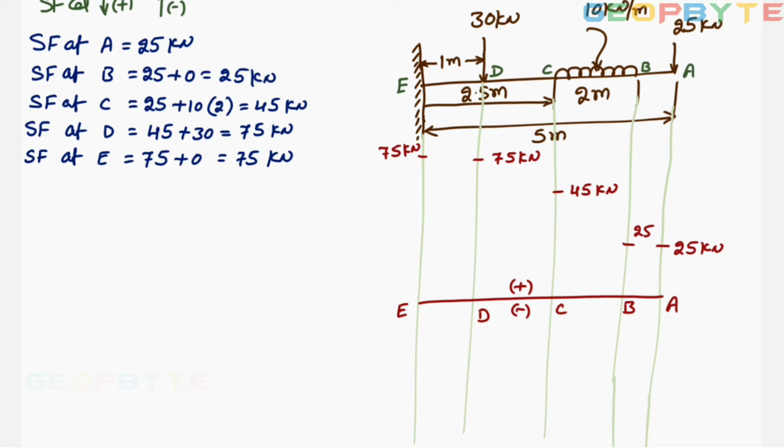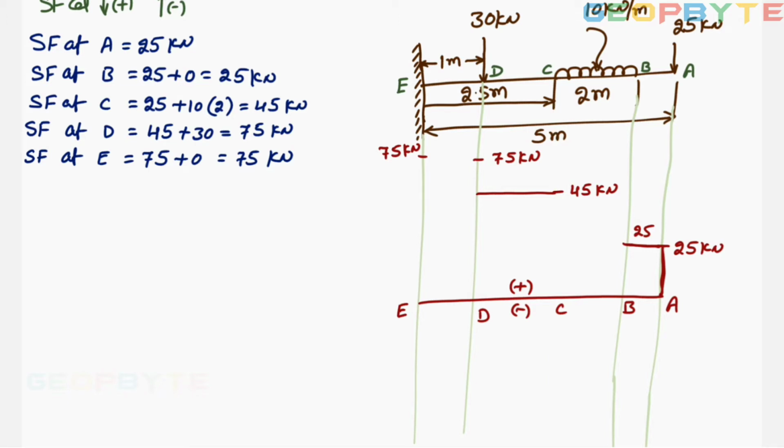Now start from A, go for the load, come to the next line. At B also the same value, come to the next line, go for the value, come to the next line. Here in between B and C there is UDL.